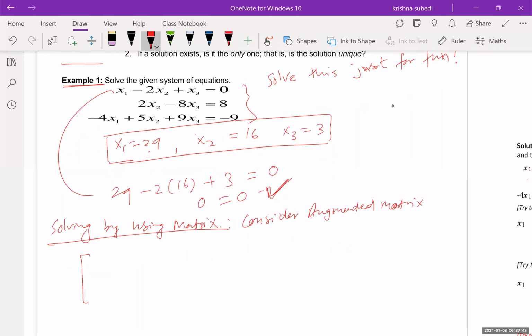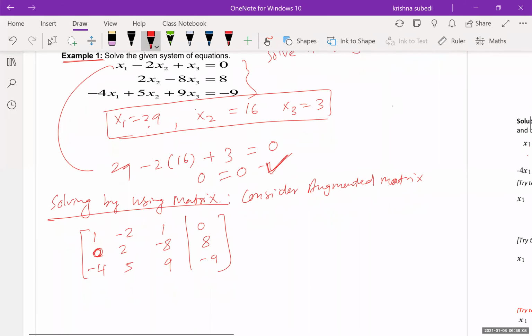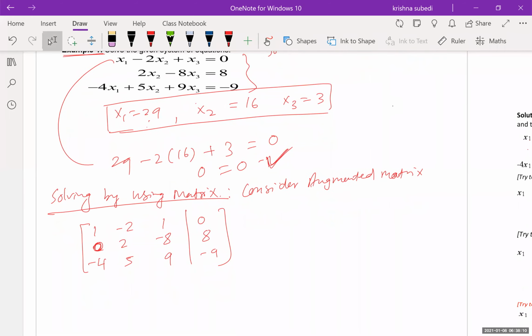And the augmented matrix here will be 1, -2, 1, 0, 2, 0, 2, -8, 8, -4, 5, 9, -9. Now you can do the elementary row operation.